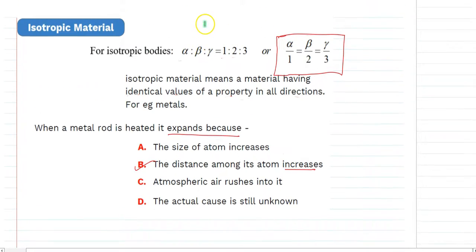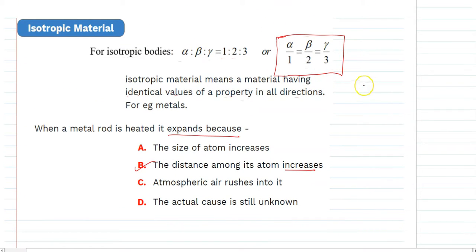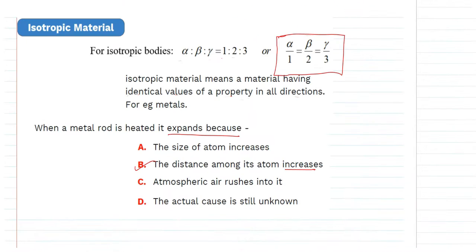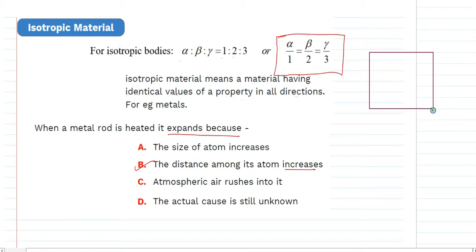To prove that alpha equals beta by 2, we have to take a rectangular or square plate. Suppose I have taken a rectangular lamina having side L, with initial length L0.